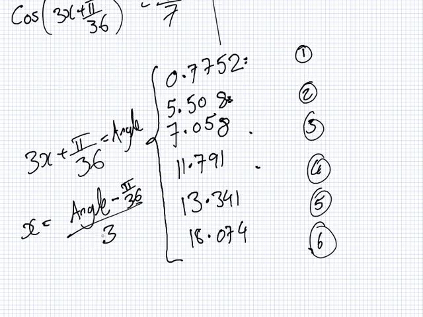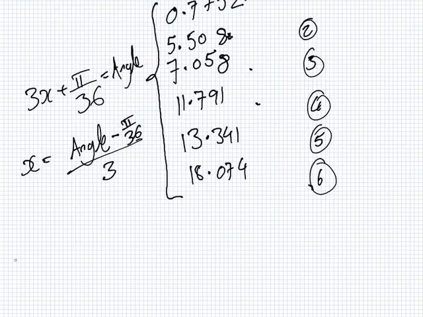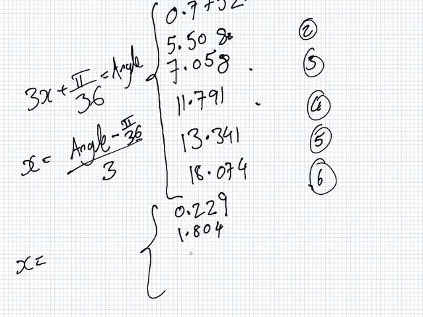Okay, Tony. What did you get as the first x? x equals 0.229. Okay. Next. 1.804. Next. 2.323. Next.